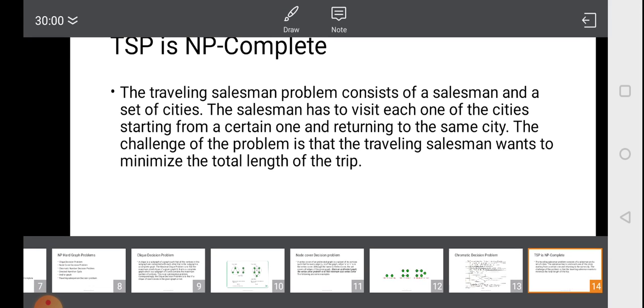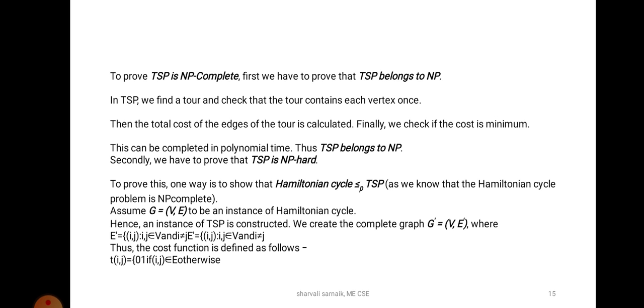So now let us see that the traveling salesman problem is NP complete. To prove that the traveling salesman problem is NP complete, first we have to prove that it belongs to NP. So in TSP, we find a tour and check that the tour contains every vertex once. As I said, there are 4 cities and one salesperson. Now that salesperson has to visit every city only once.